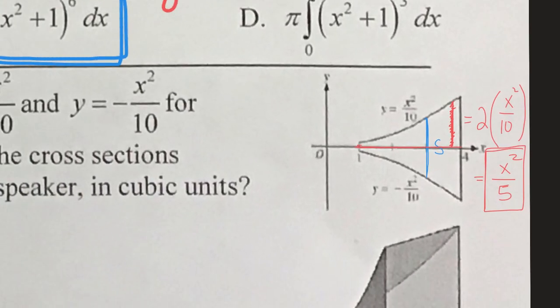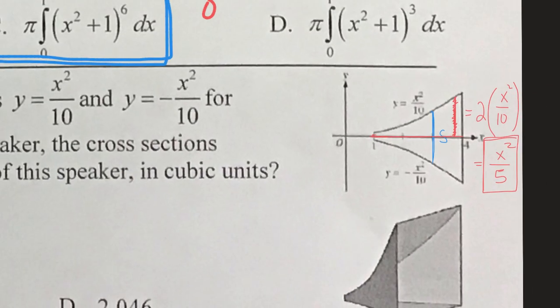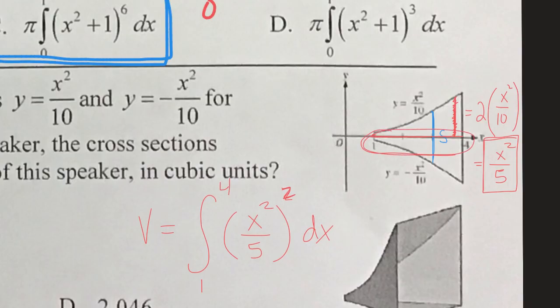Okay, so when I do this integral, the volume is the accumulation of area. My side length is x squared over 5, and to make it a square, I have to multiply it by itself. And I'm going from 1 to 4. Right, that was my bounds here from 1 to 4.